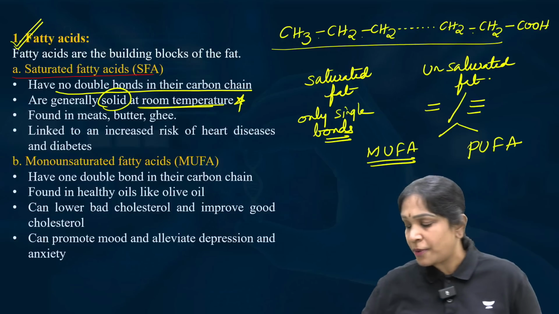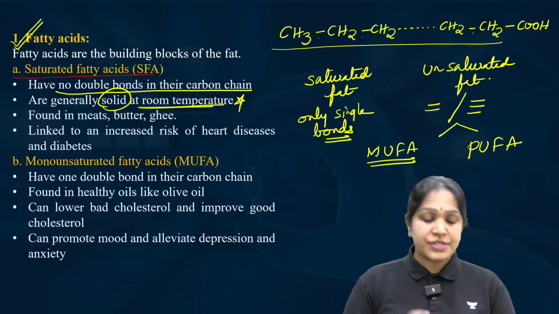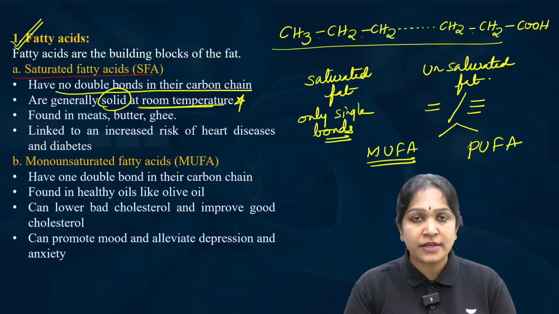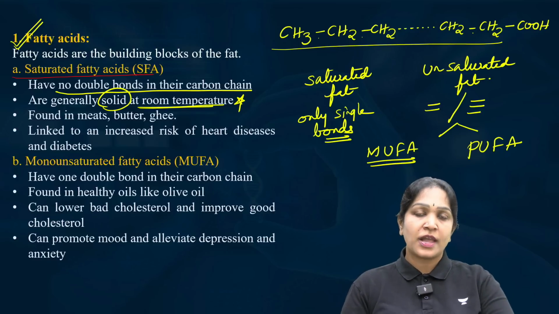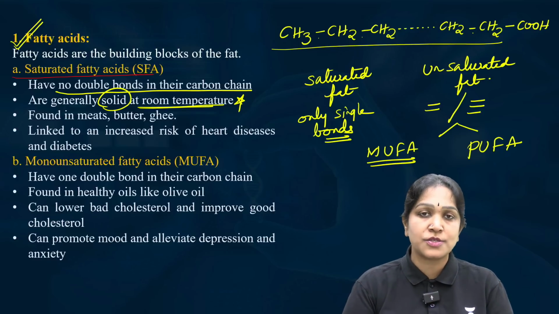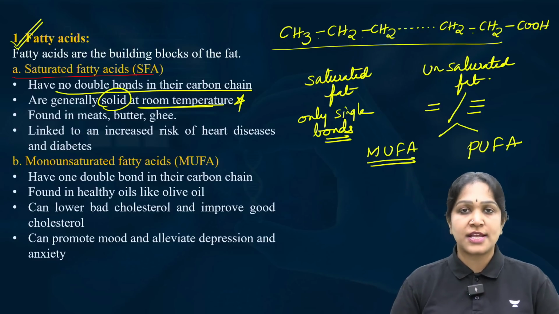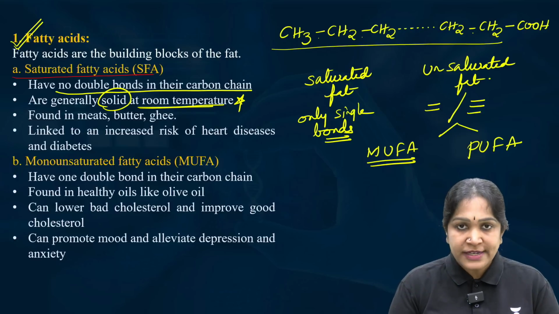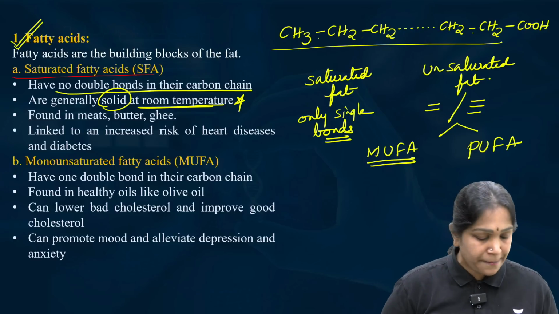This is an important point to understand: which is a saturated fat, which is an unsaturated fat. How to know whether the fat we are consuming is saturated or unsaturated? The saturated fats are solid at room temperature.